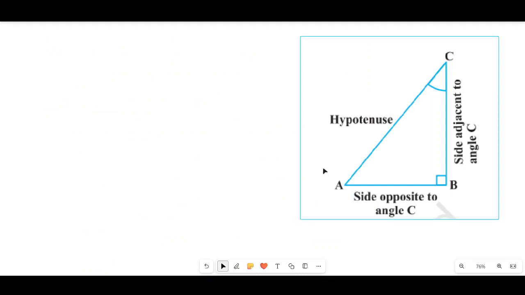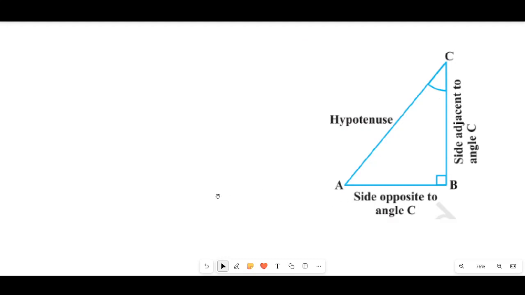Now look at this figure. Here we are familiar with this: the hypotenuse side, the adjacent side to angle C, and the opposite side. In the same manner we can draw this. Now there are combinations of angles and ratio.